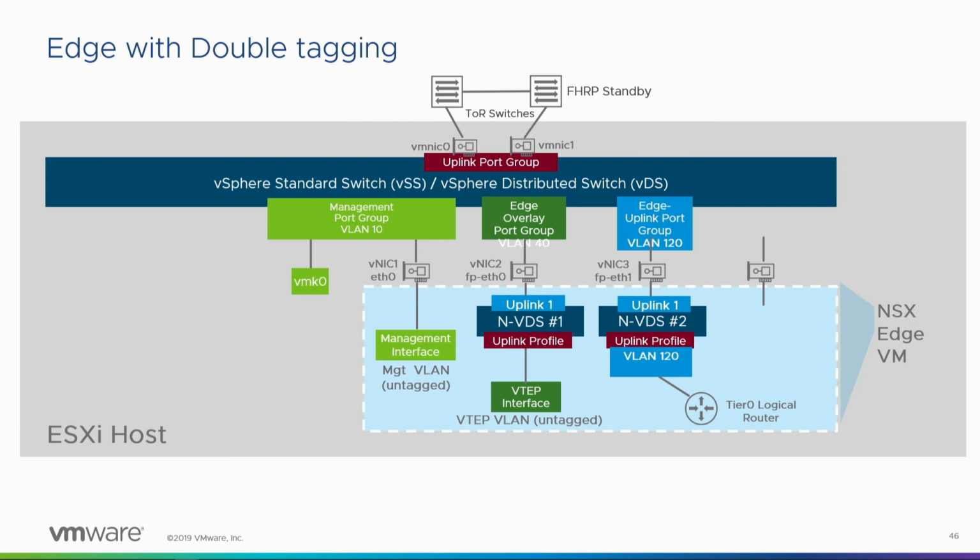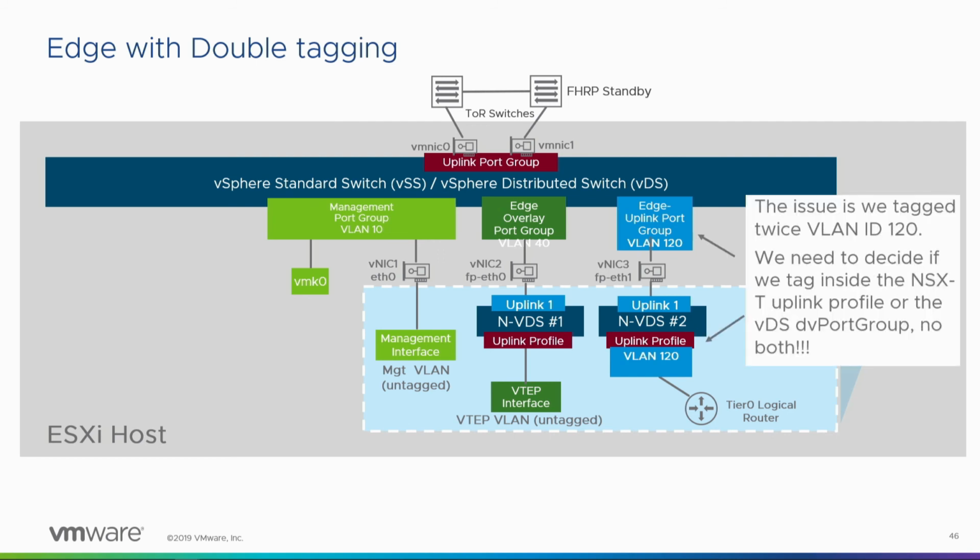And by the way, in that port group, you put the VLAN ID to provide the connectivity. This is where you will face the double tagging problem. Because you tag inside NSX-T, and then you tag in vCenter in the port group. You tag the traffic twice, and it will not work, and it can make you crazy. It happened to me in my first POCs, and to a colleague of mine. So this is one thing that I want to share with you.